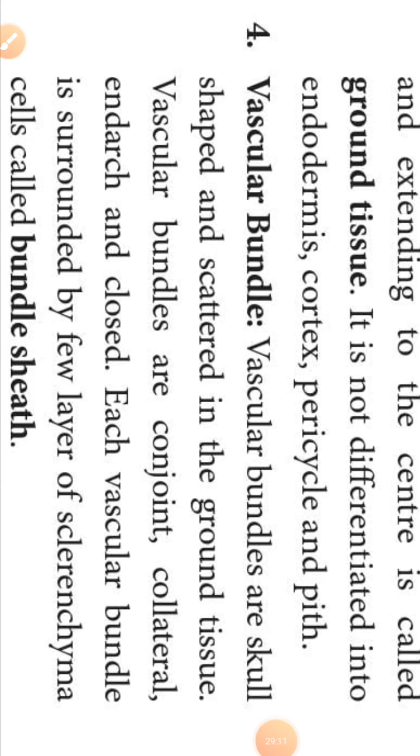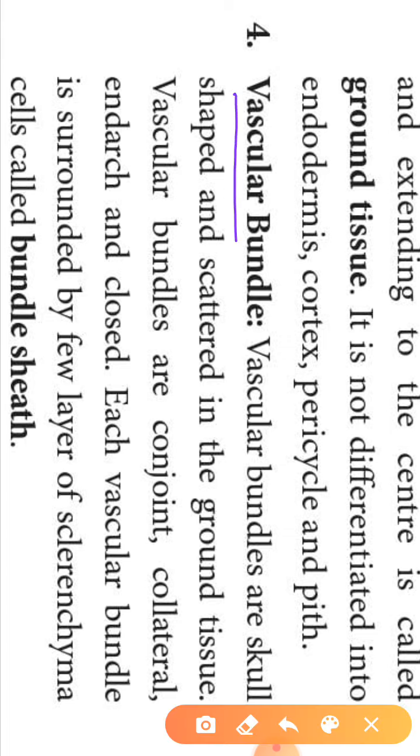Vascular bundle. Vascular bundles are skull shaped and scattered in the ground tissue. Vascular bundles are conjoined, collateral, endarch and closed. Each vascular bundle is surrounded by a few layers of sclerenchyma cells called bundle sheath.